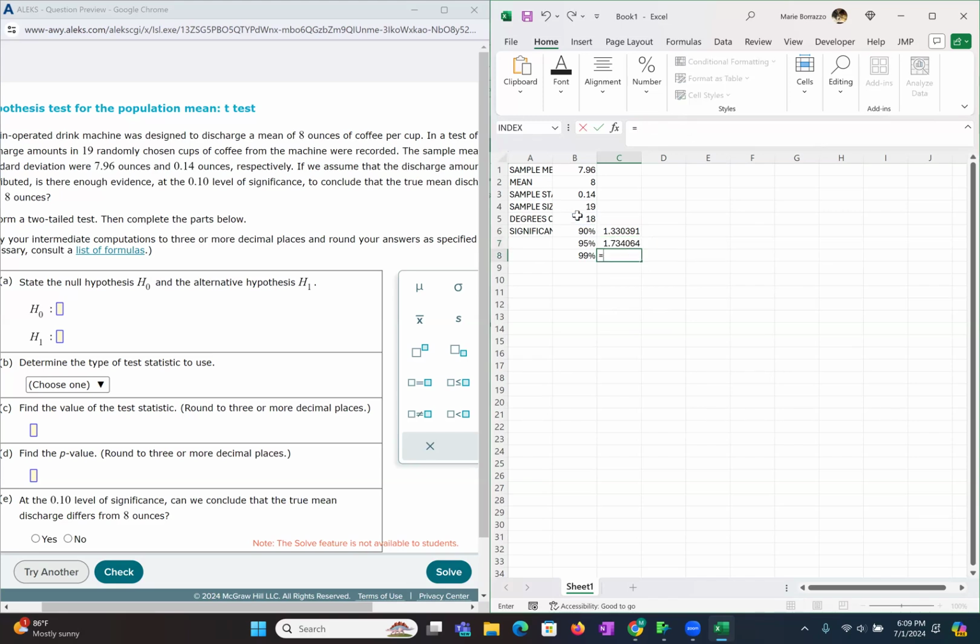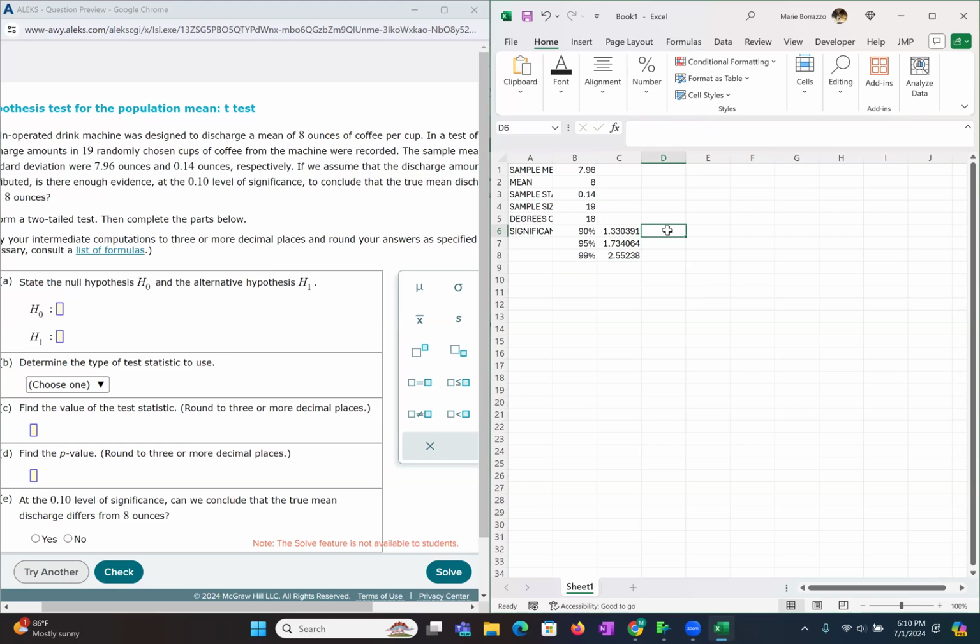And the last one equals t dot inverse 0.99, comma, and again it's 18 because it's always n minus 1. And there's your degrees of freedom for one-tailed. These three are all one-tailed. Now two-tailed is going to be the 0.95.